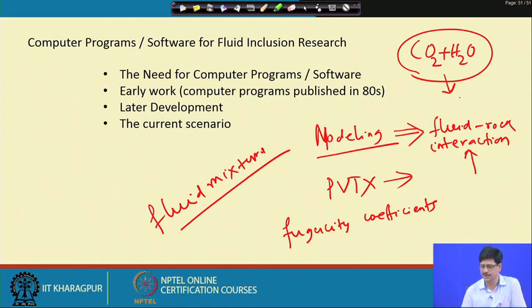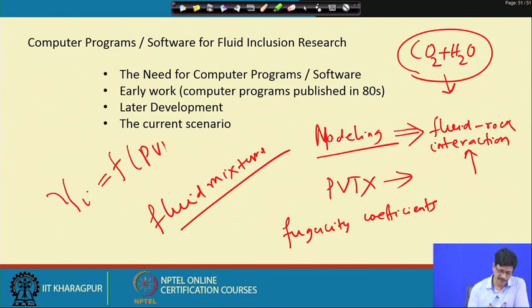so that we could calculate any reaction equilibria which involves a fluid phase, and that fluid phase is not a pure fluid phase but a mixture. Now, the situation is that in the case of fluids like the one we are talking about, the fugacity coefficient of each component species, if I put it as gamma i, with i standing for species like carbon dioxide or water, is a very intricate function of the PVTx relationship of this particular fluid.